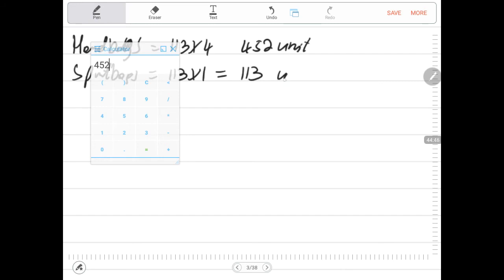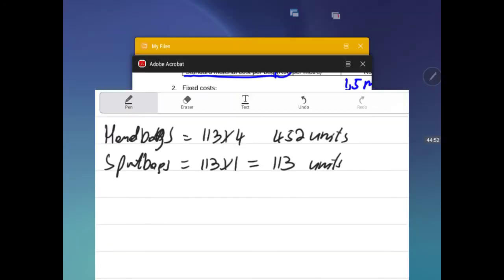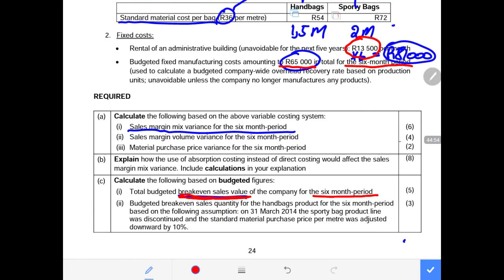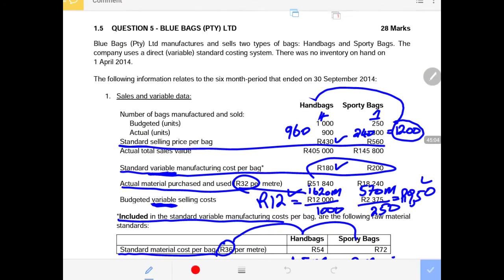Now that we have 452 units and 113 units, we need to multiply this by the selling price. Why? Because the requirement was to calculate the break-even point sales value. So we need to multiply by the selling price so that we get to the sales value at the break-even point. We budgeted to sell at 430 and 560.